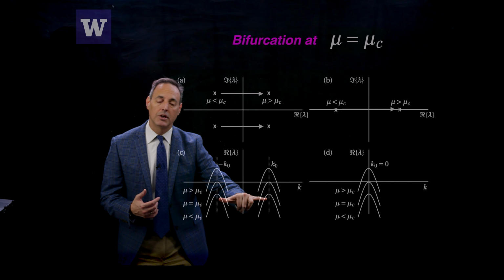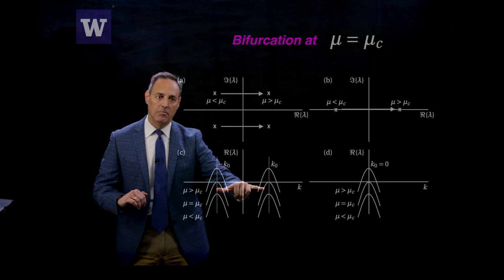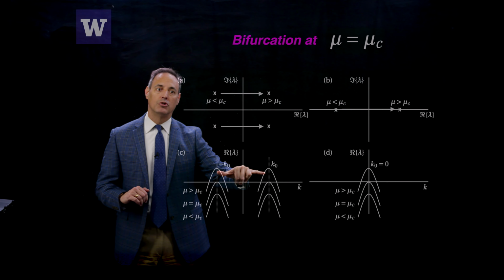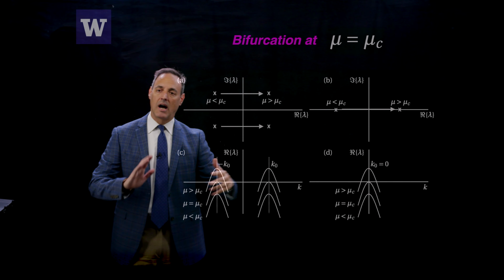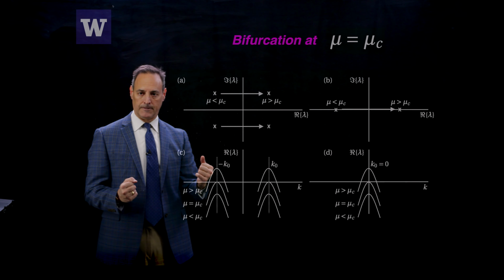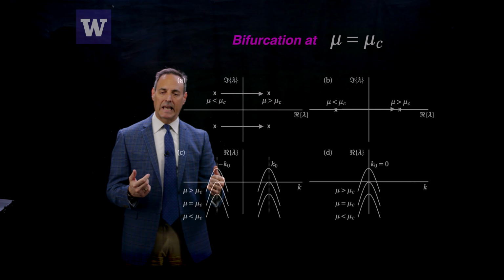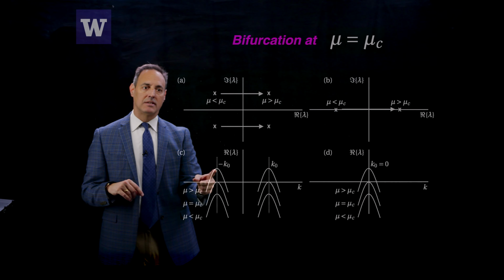What I'm showing you here is mu less than the bifurcation, mu at the bifurcation, and mu just after the bifurcation. So right after the bifurcation, I have a non-trivial k, which is the largest growth mode. If that's the case, when it goes unstable, you're going to see a spatial pattern centered at this with this kind of frequency content.